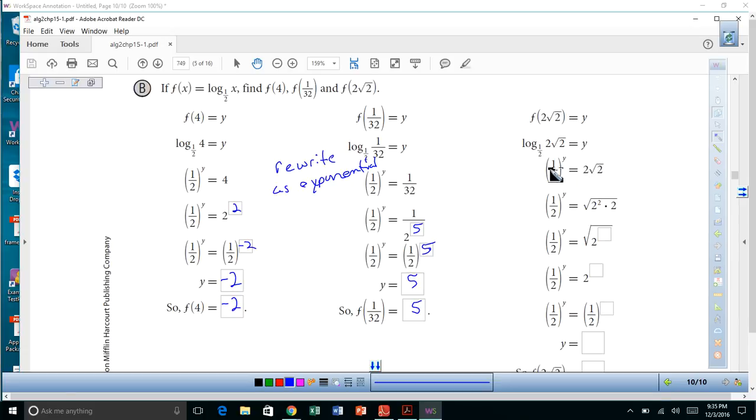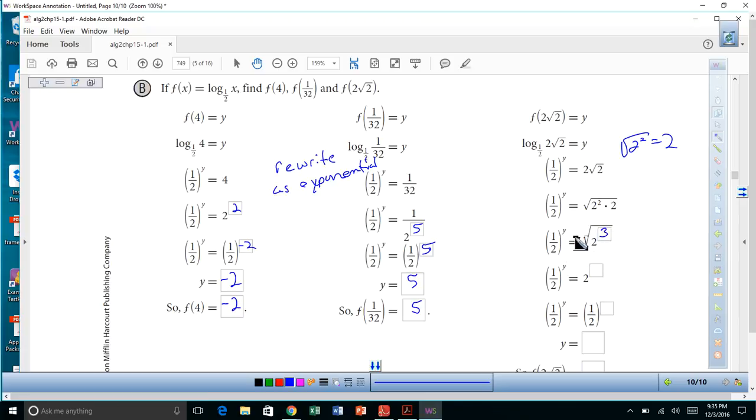Now we have (1/2) to the y power equals the square root of 2 times, because the square root of 2 squared is 2, right? So that's going to give us the square root of 2 to the 3rd power, right?